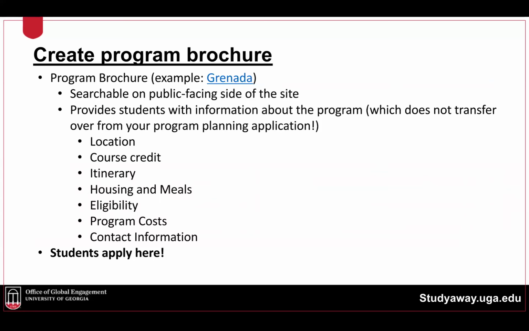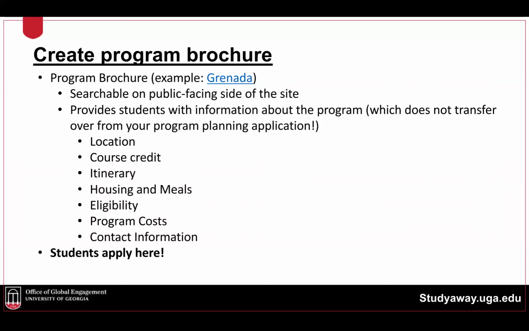So definitely have that as something up top on the program brochure, because it's something that a lot of students will look for. Additionally, if your program is more selective, maybe it's only open to a certain type of major, maybe you have to have a prerequisite, be very clear about that so that you don't have to spend time going through applicants and selecting out students that don't even qualify for your program.